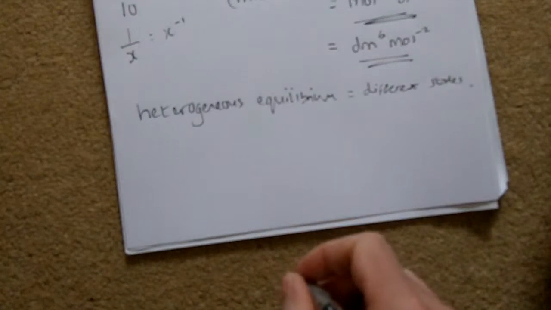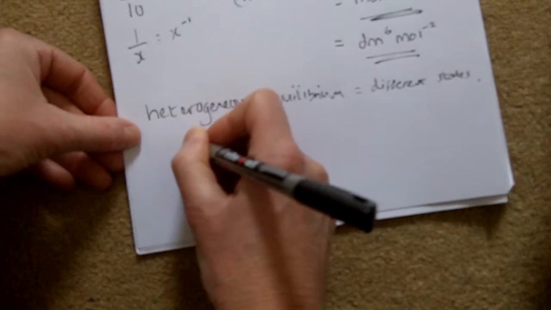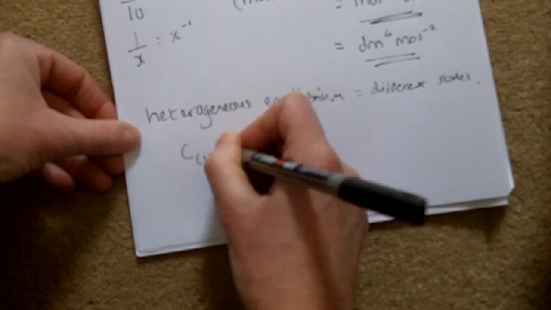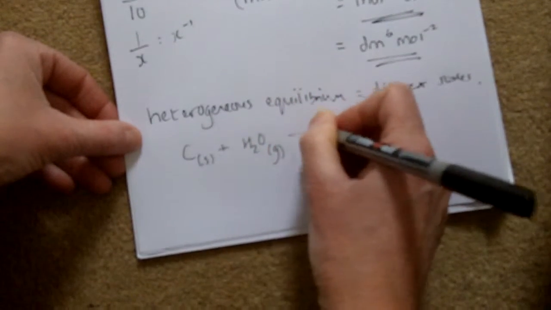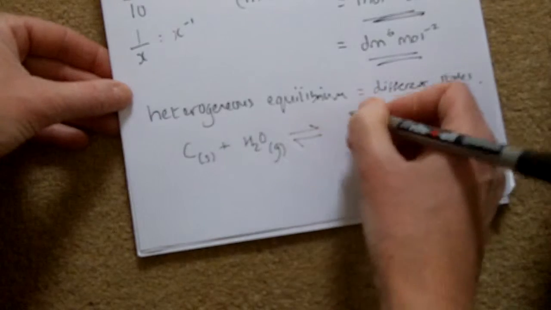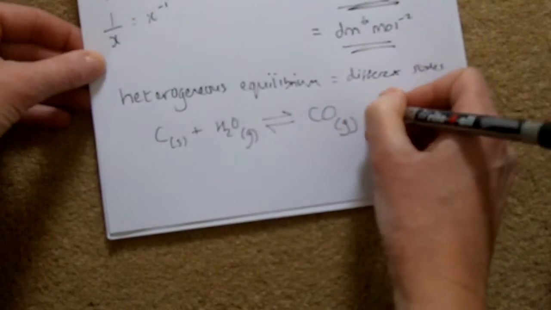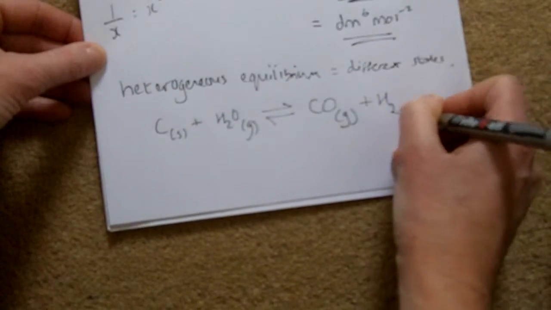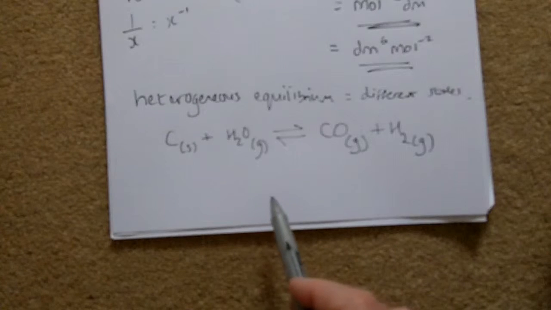So an example of that, for example, if you take carbon solid and steam, and you get carbon monoxide and H2 gas like that. That's called a heterogeneous equilibrium.